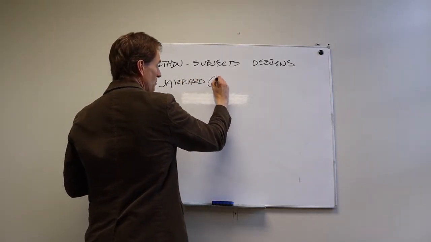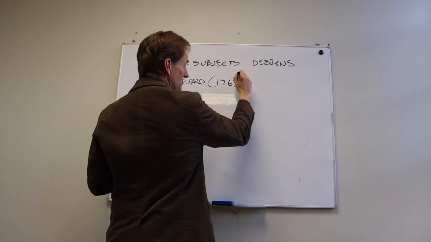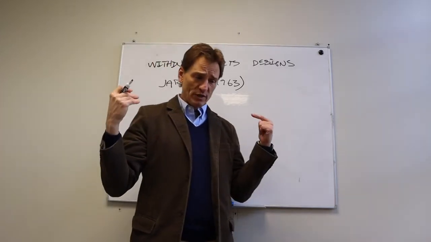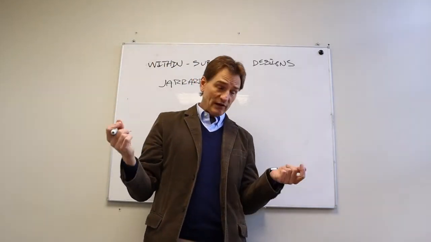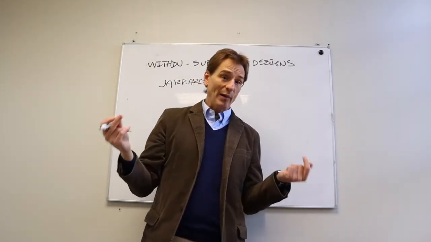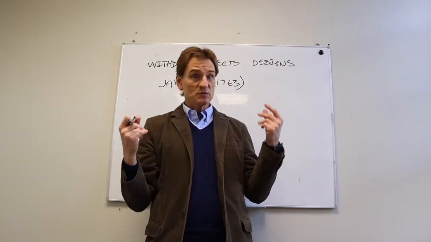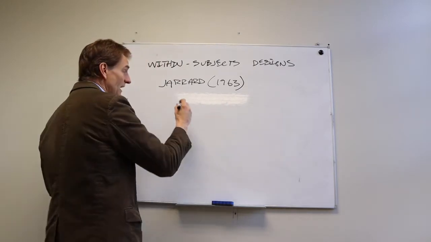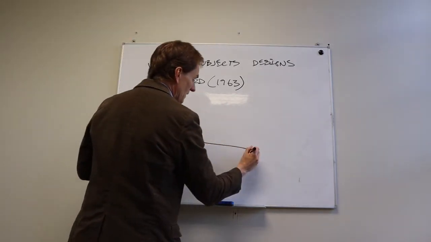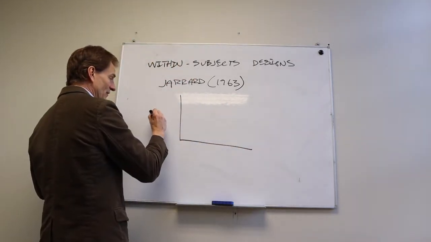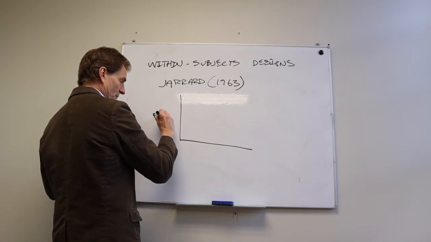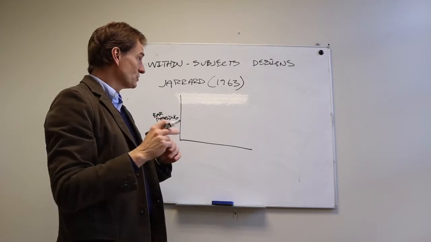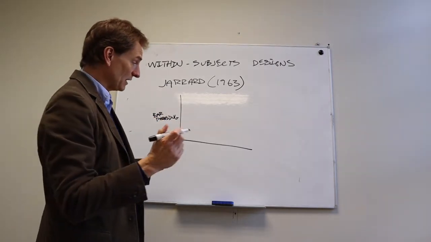And so this is research by Gerard in 1963. What he was interested in was let's test various levels of LSD on a well-practiced activity, in this case, bar pressing. And so he did this with rats. So here's their bar pressing over here. And then he gives them different amounts of the LSD.